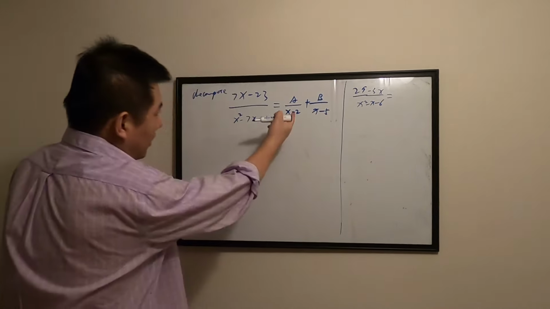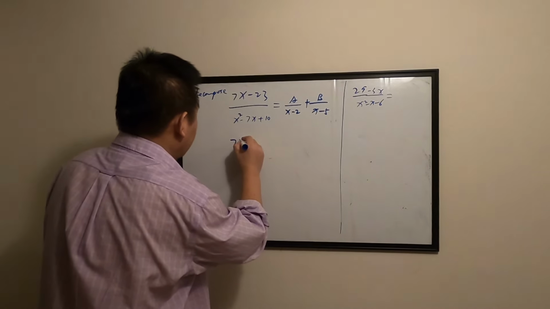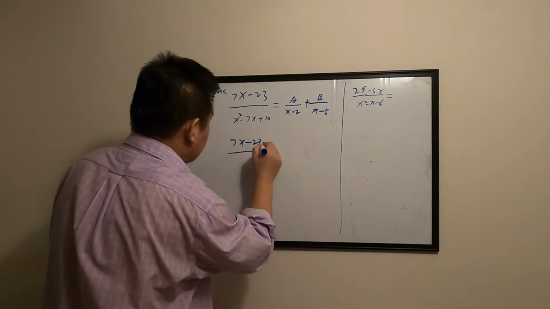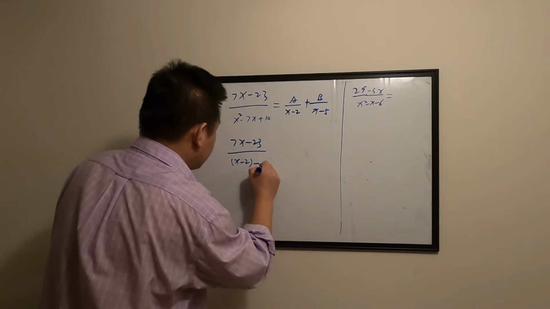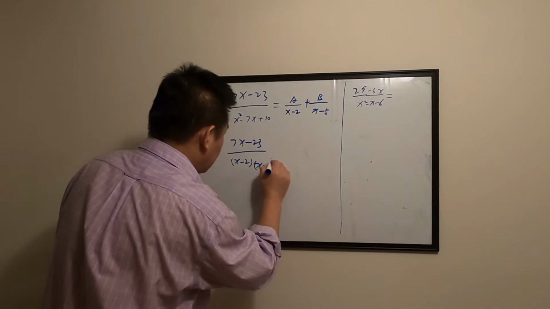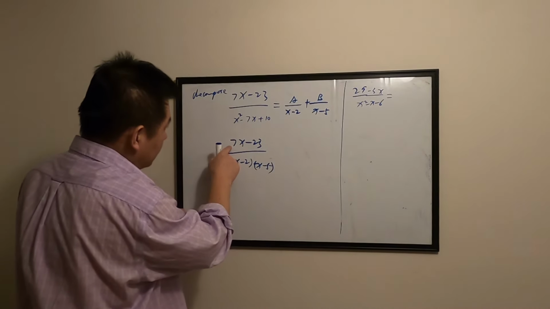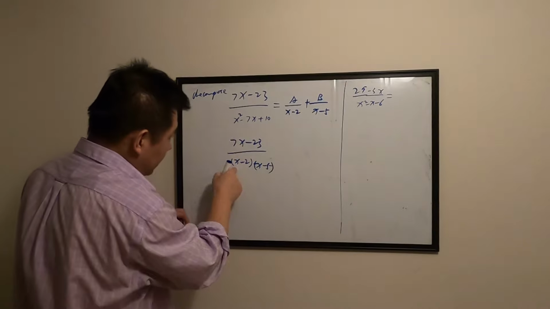Okay, we can also rewrite this form here. This is equal here, same with here, and here, same with here.